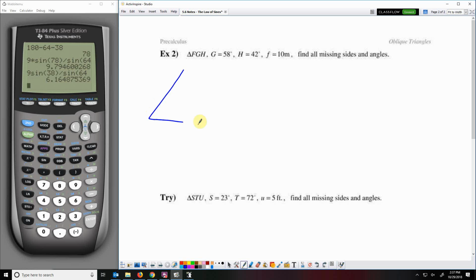Okay, example 2, triangle FGH. G is 58 degrees. H is 42 degrees. F is 10 meters. Find everything that's missing. So we'll start with angle F. 180 minus the two angles we know.